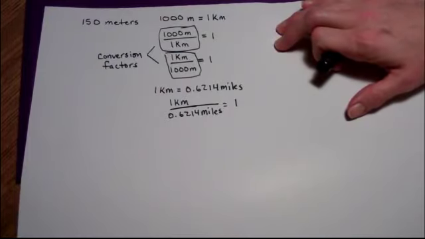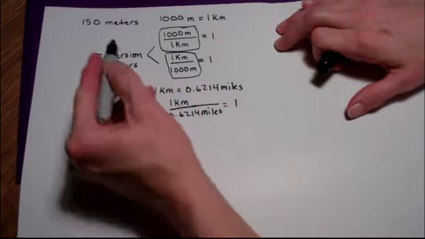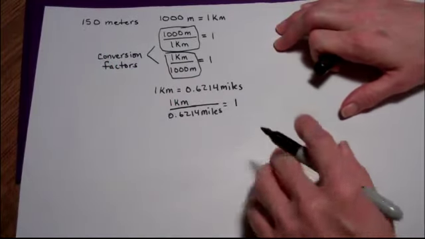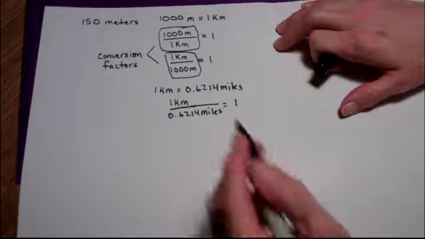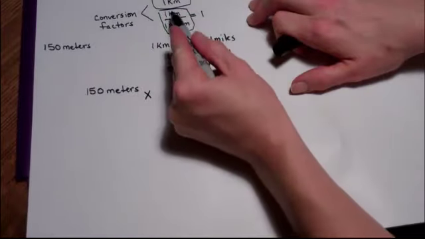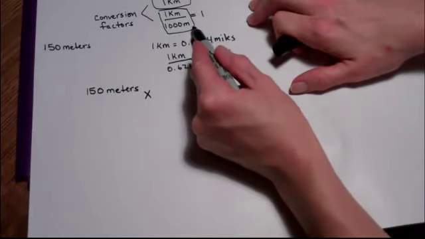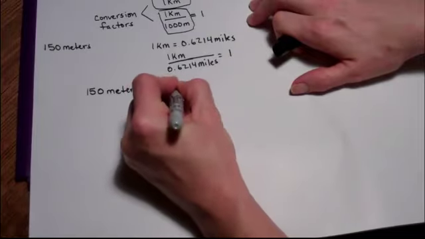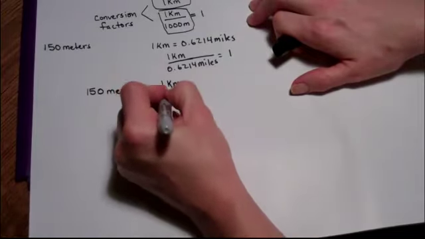So we can utilize these as conversion factors so that we can change our 150 meters into these other units. If I start with 150 meters and I multiply this by the conversion factor with kilometers on top and meters on the bottom, I'm going to put 1 kilometer over 1,000 meters. When we do this, we can cancel our units out.